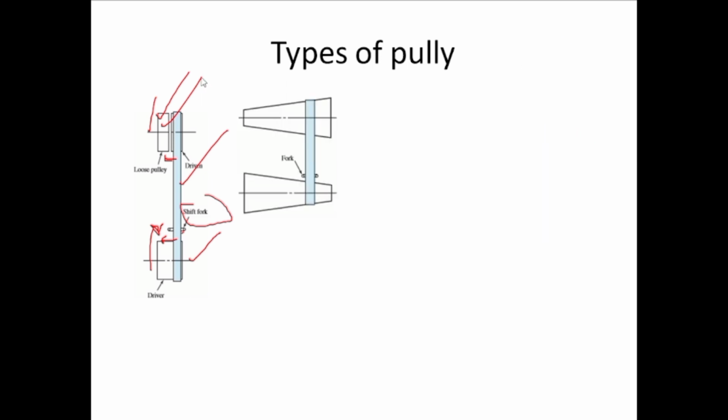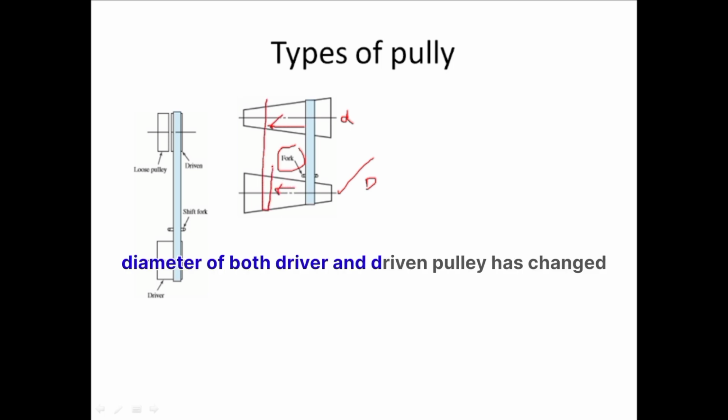This one is another type of pulley where we will obtain different type of rotational motion at the driven pulley. For example, this is the driver pulley and this is the driven pulley. Now if we take this fork and try to move this belt over here and over here, so the belt will be at this point.